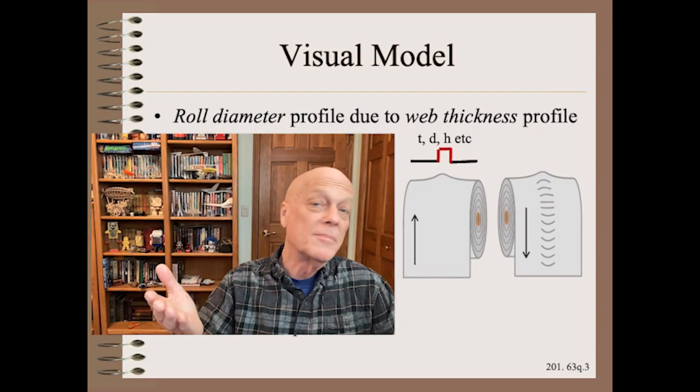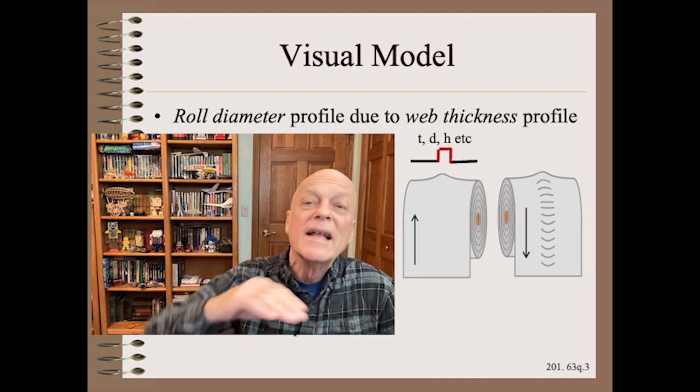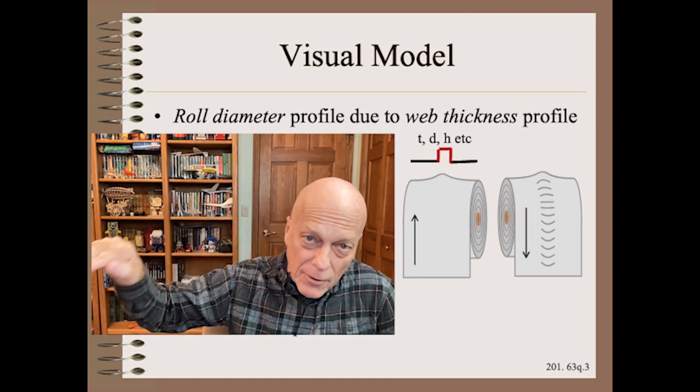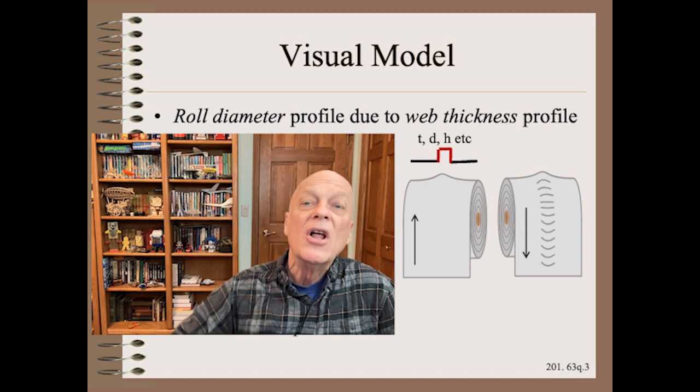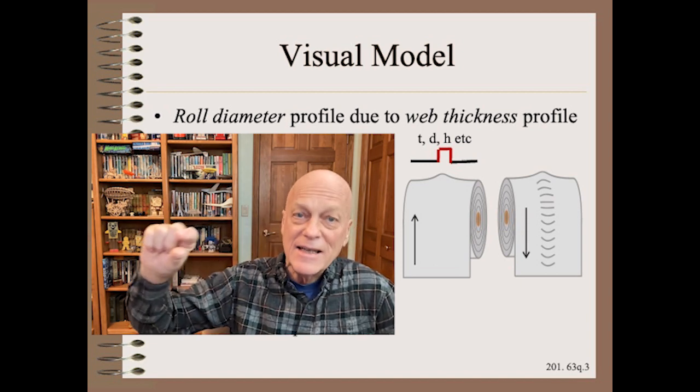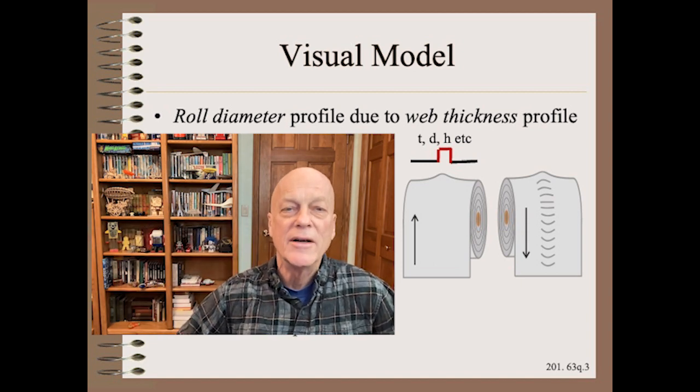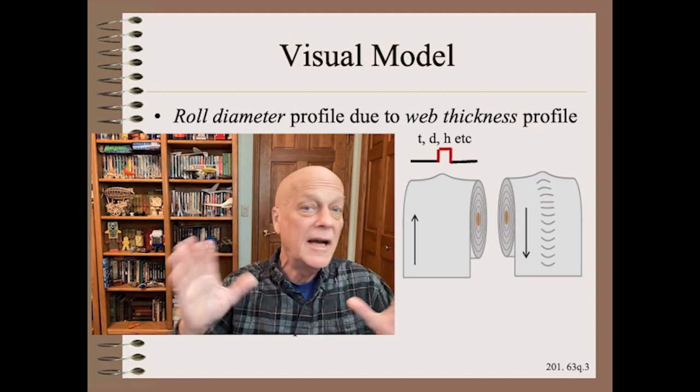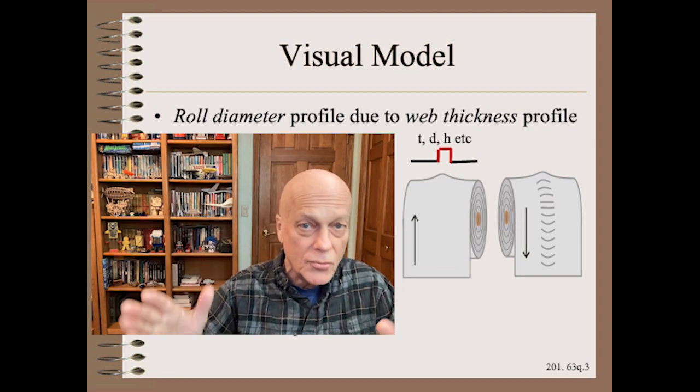I, and perhaps others, have long taught that the wound roll diameter profile tends to resemble the incoming web thickness profile, as shown here. This much is absolutely for sure true.